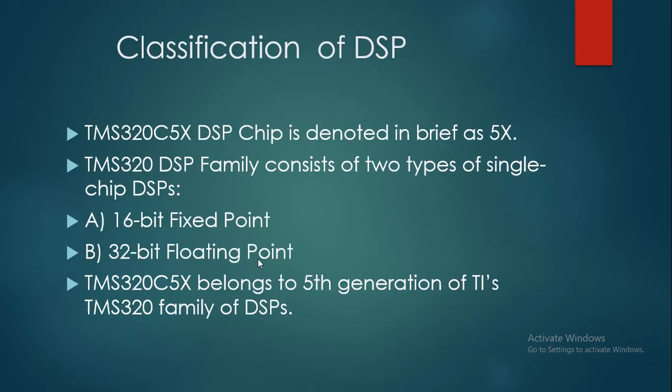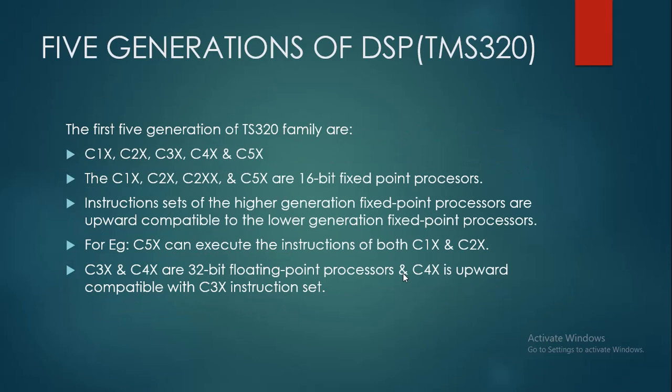Now we are going to discuss the classification of DSPs. The TMS 320C5X chip is designated as the 5X processor. This DSP family has two types of chips: 16-bit fixed point and 32-bit floating point. The TMS 320C5X belongs to the fifth generation of the Texas Instruments TMS 320 family of DSPs.